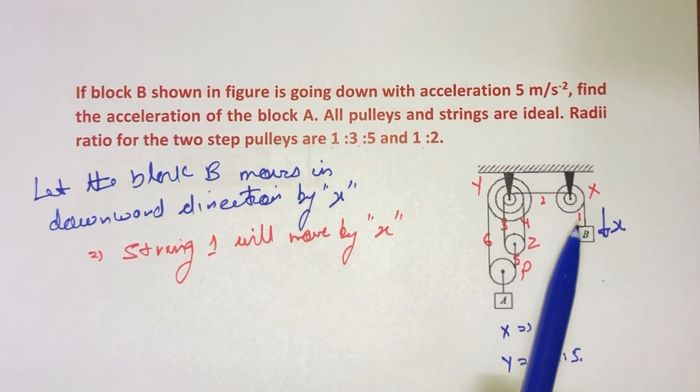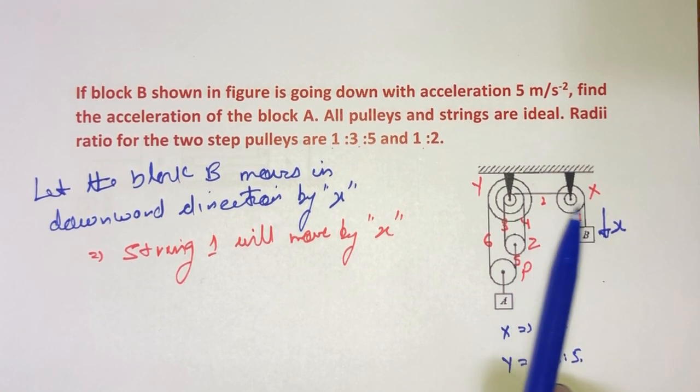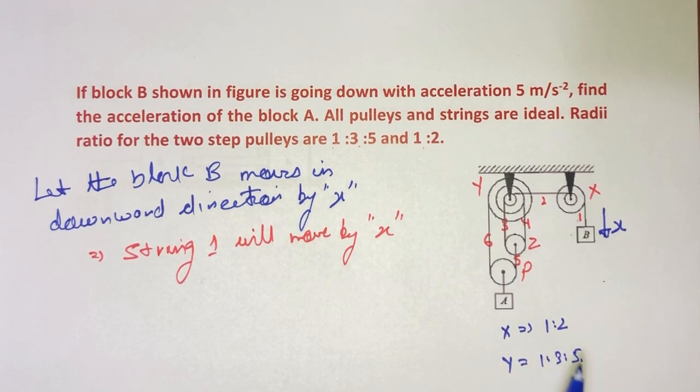Now string 1 and string 2 are connected to pulley X, whose ratio is given as 1:2.